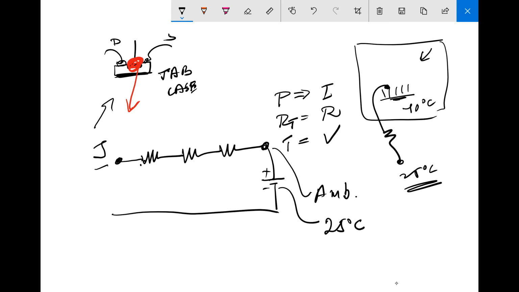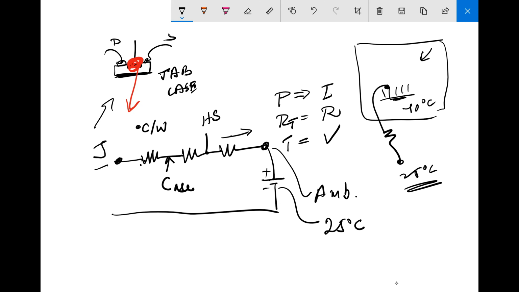Now what are these resistances? These are the thermal resistances in units of degree centigrade per watt between the junction and the case, between the case and the heatsink, and between the heatsink and the ambient.